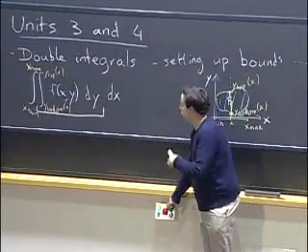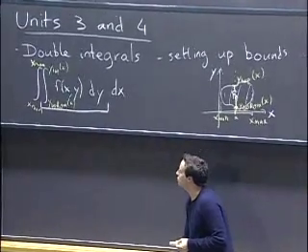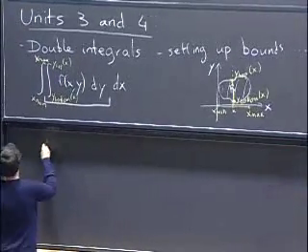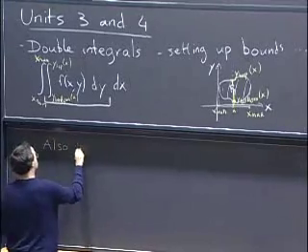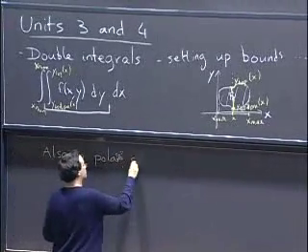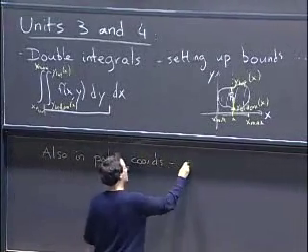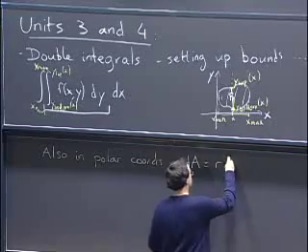And of course, we know also how to set up these integrals in polar coordinates. And then the area element becomes r dr d theta.